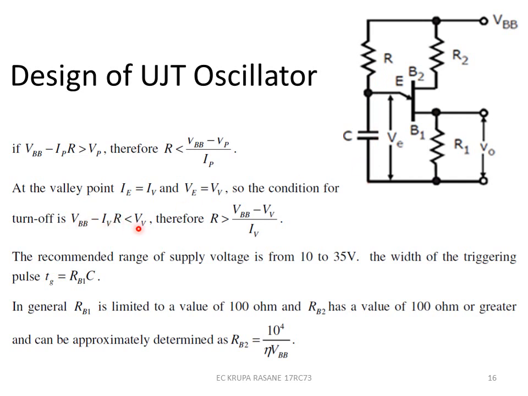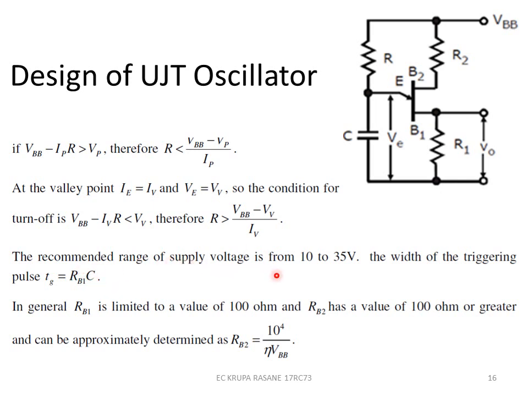So R has to be greater than (VBB minus VV) divided by IV. These are the two extreme values of R, determined by taking the peak voltage and the valley voltage of the negative resistance region.